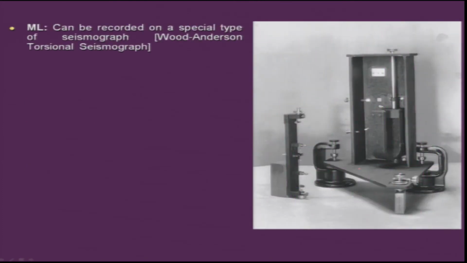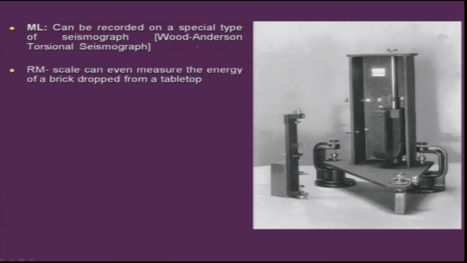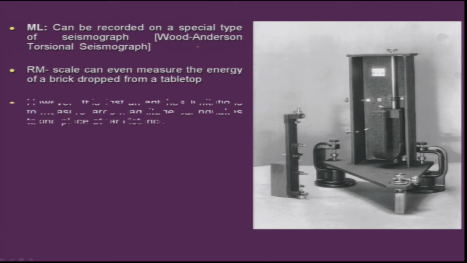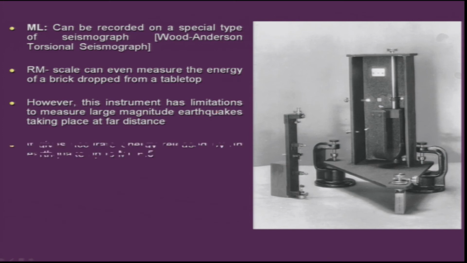Local magnitude can be recorded using the instrument which is known as, or was known as, the Wood-Anderson torsional seismograph. This instrument has limitations: it can only measure local magnitudes of earthquakes occurring up to 100 kilometers.